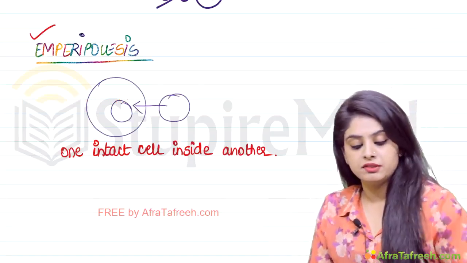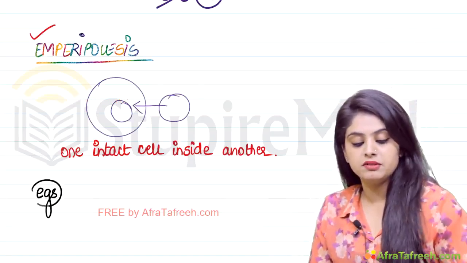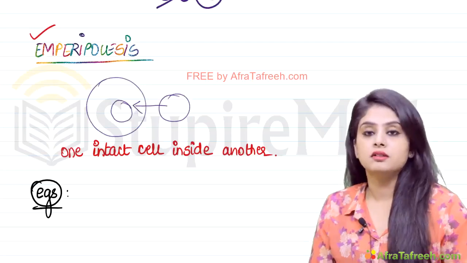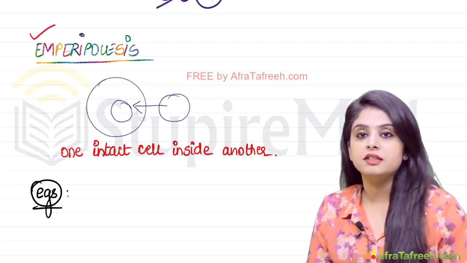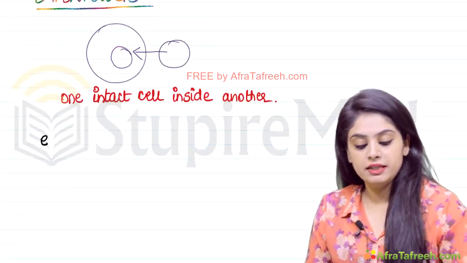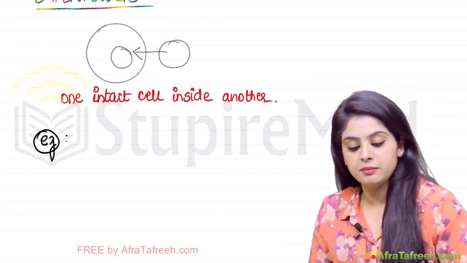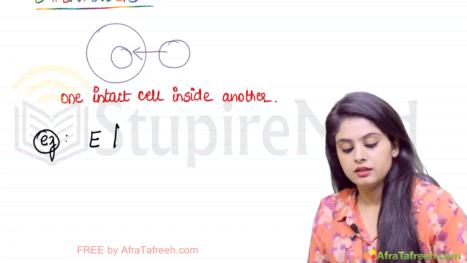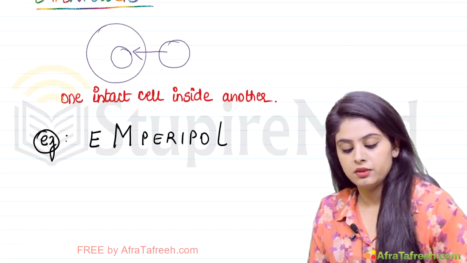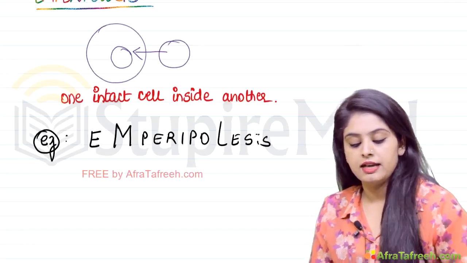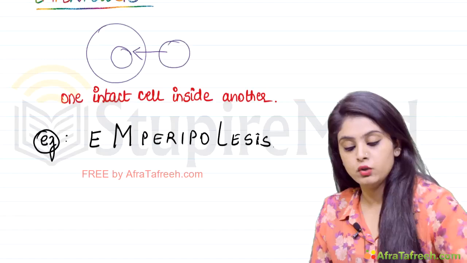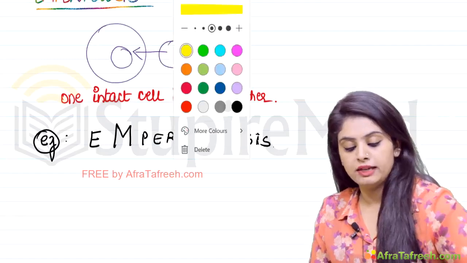What are the examples is what is asked. What are the examples where this Emperipolesis can be seen? So the examples include, now we just need to write the same term again, Emperipolesis. And if you see, I have focused on two letters more.